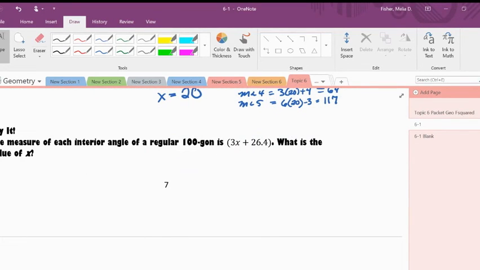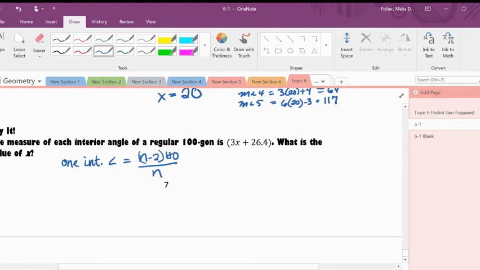The measure of each interior angle of a regular 100-gon is 3x plus 26.4. What is the value of x? So remember, for one angle, one interior angle equals n minus 2 times 180 over n.